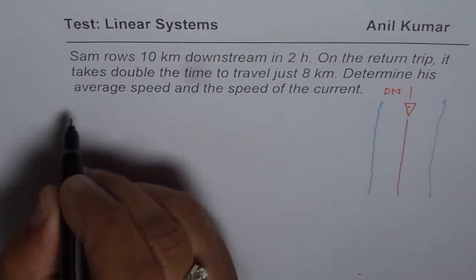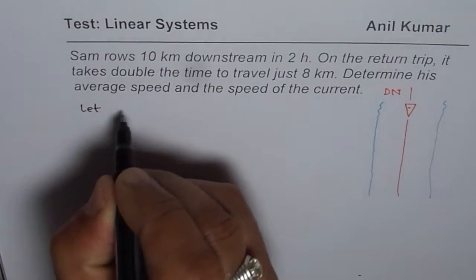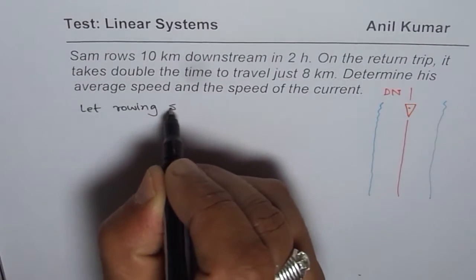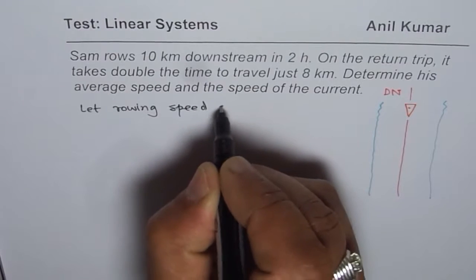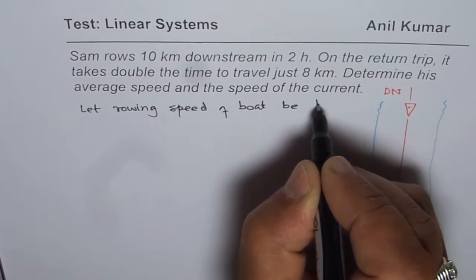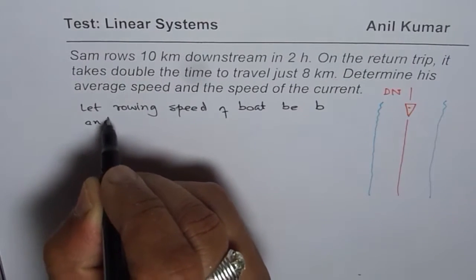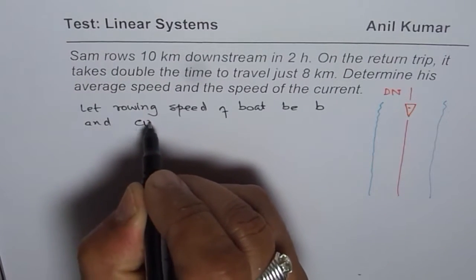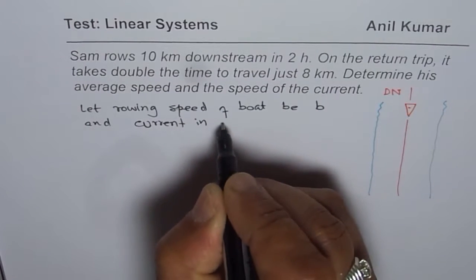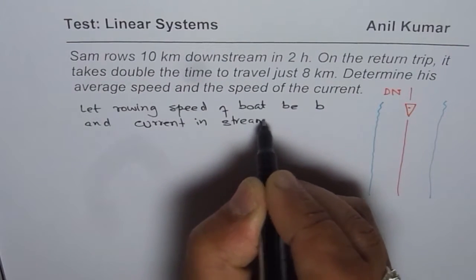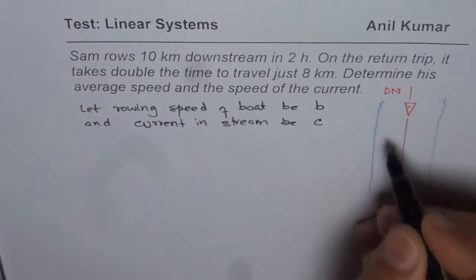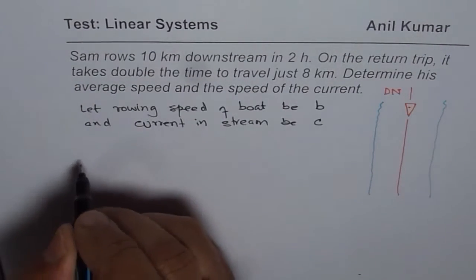So let the rowing speed of the boat be B and the water current, or current in stream, be C.